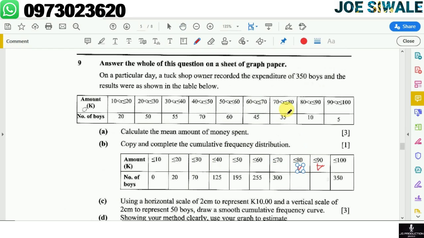And where there is 80, it's here, as you can see. So to find the number here, we say 300 plus 35, and that's 335. Then to find the number here, 335 plus 10 is 345. Then 345 plus 5, that's 350.